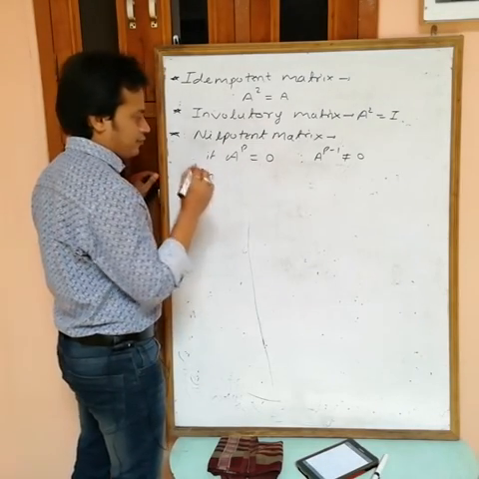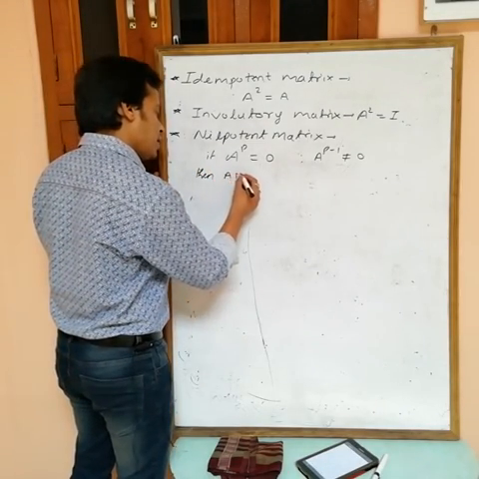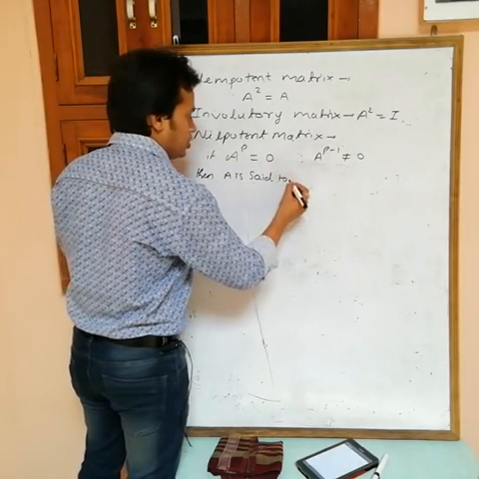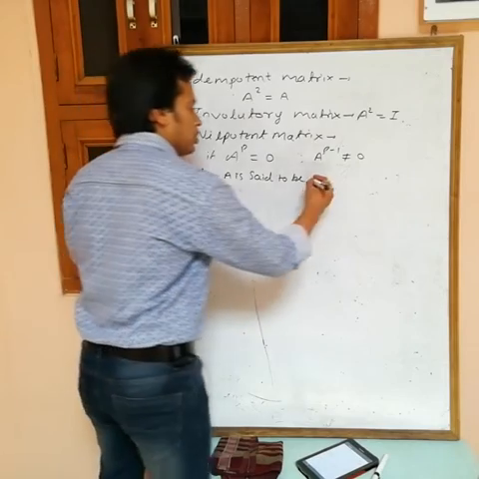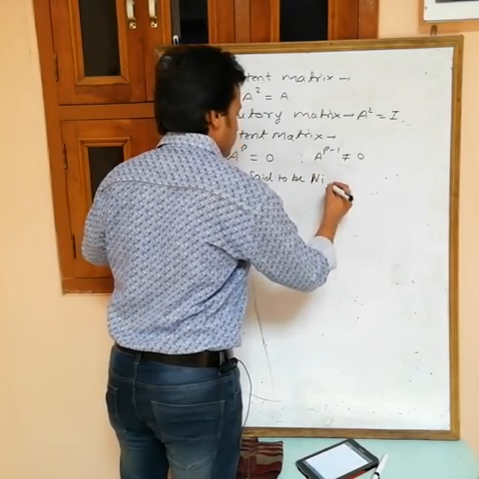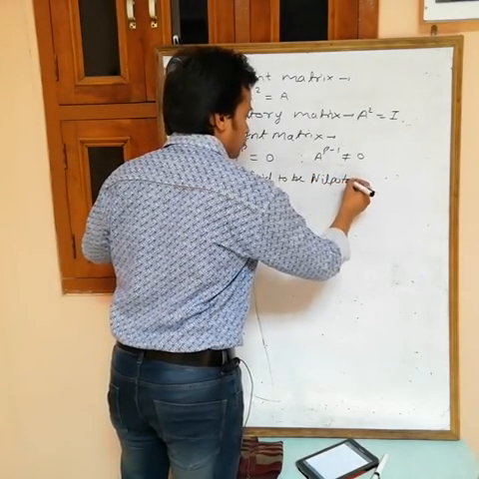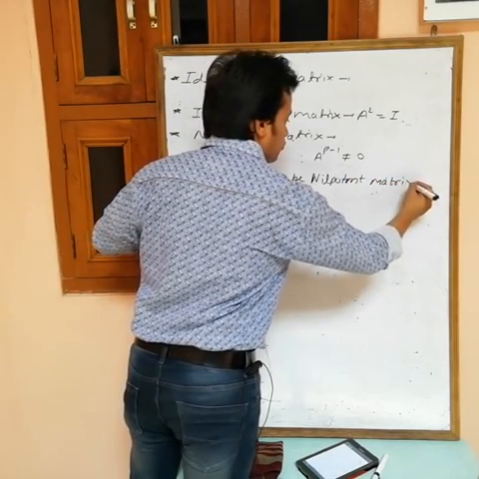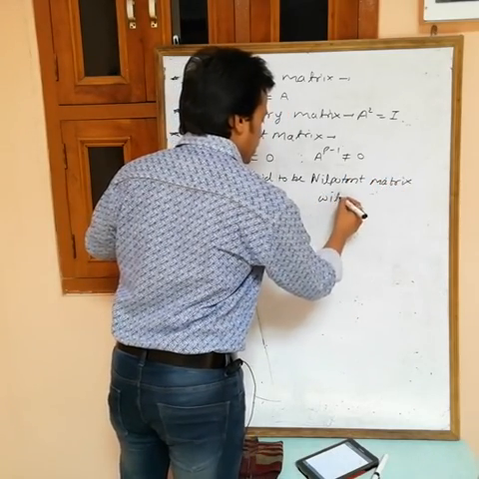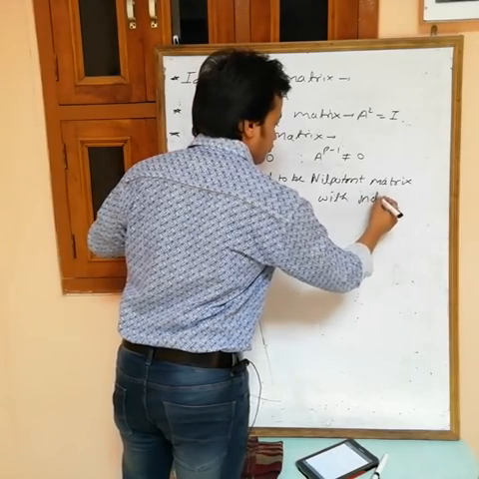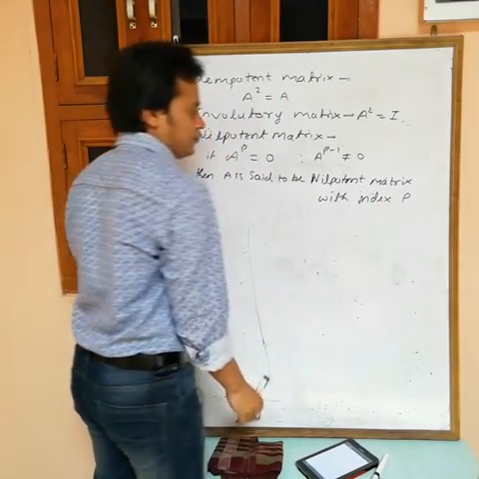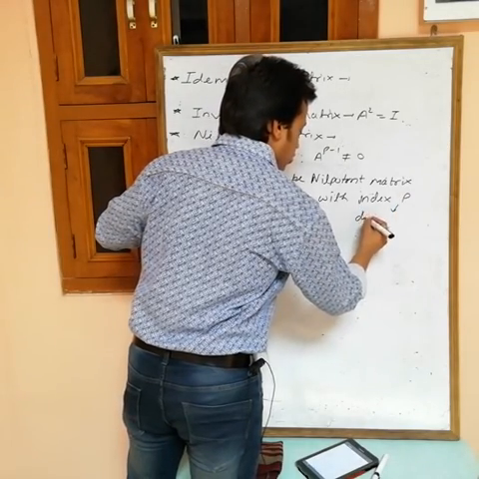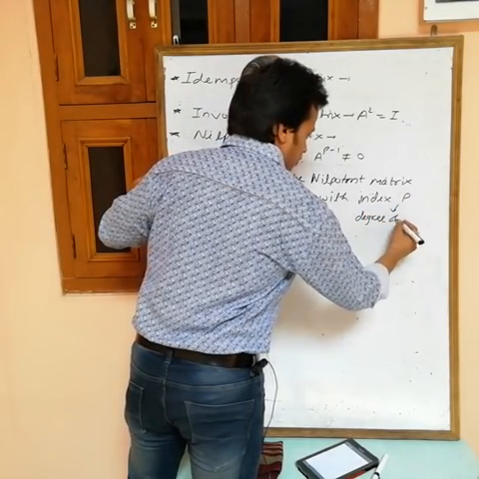then A is said to be a nilpotent matrix with index P. With index P, this P is known as the degree of nilpotency.